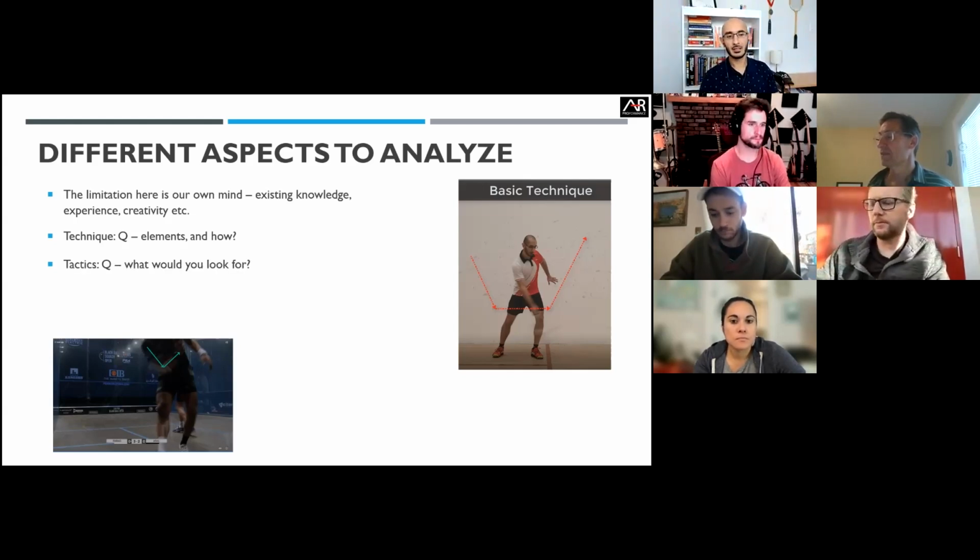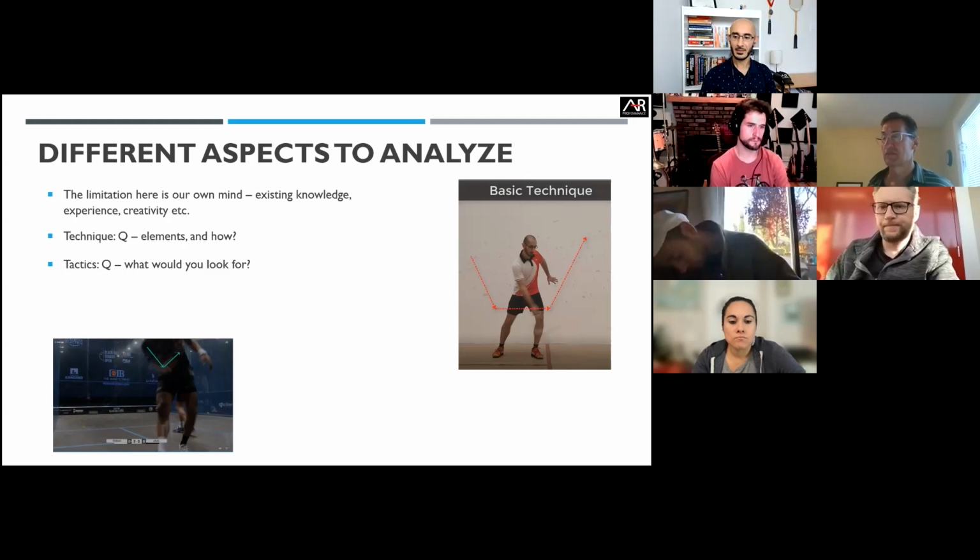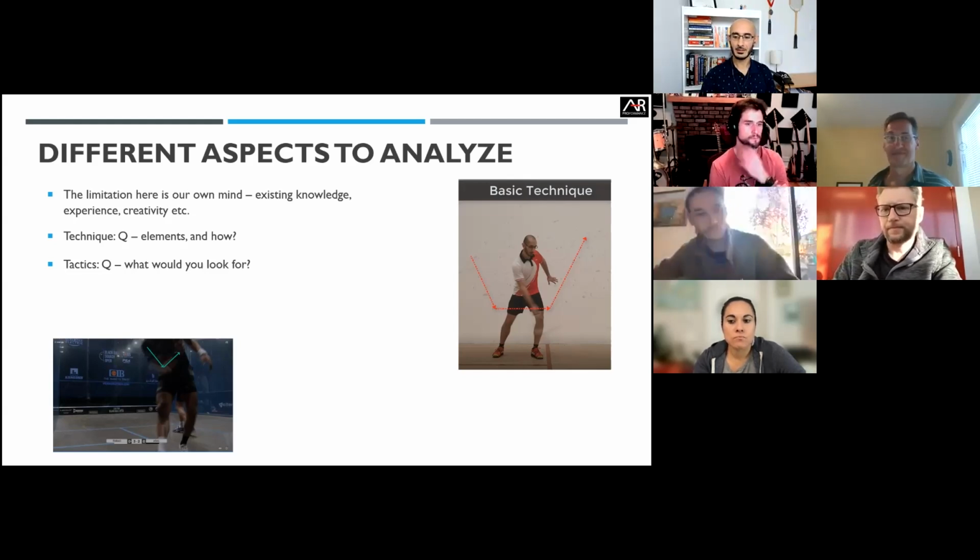Now let's talk a little bit about tactics. Let's say you wanted to analyze tactics in a match. What might you look for when you're analyzing a video? Let's just have a little brainstorming session. Anyone can jump in, and I'm looking at a couple of chat comments.